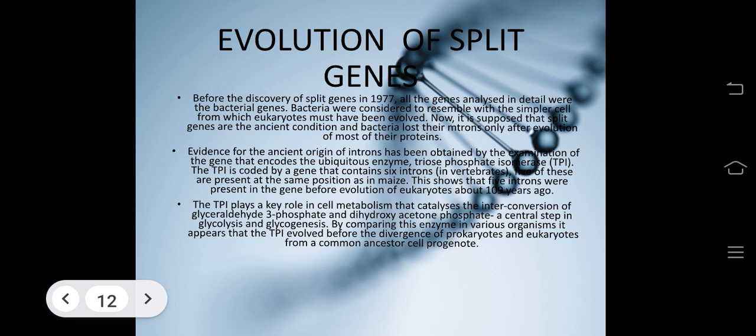The TPI plays a key role in cell metabolism, catalyzing the interconversion of glyceraldehyde 3-phosphate and dihydroxyacetone phosphate, a central step in glycolysis and glycogenesis. By comparing the enzyme in various organisms, it appears that the TPI evolved before the divergence of prokaryotes and eukaryotes from a common ancestor cell, the progenote.